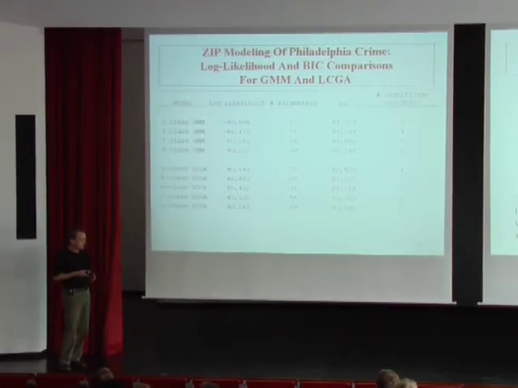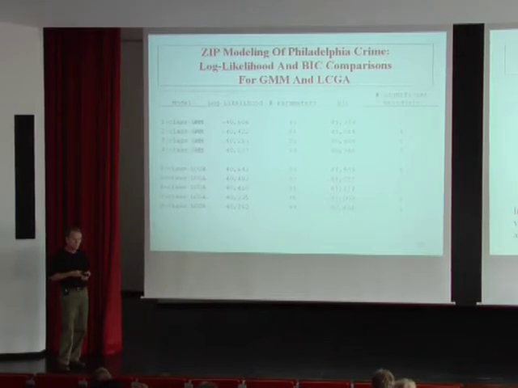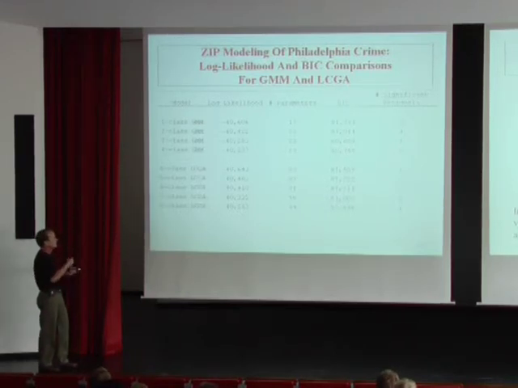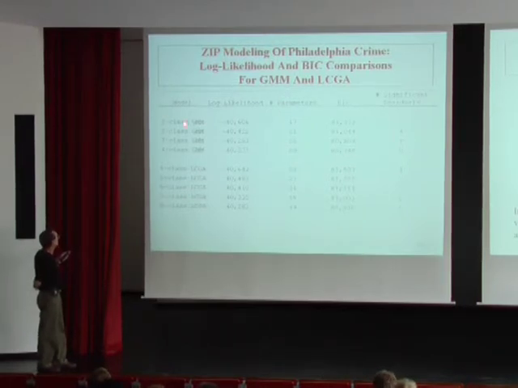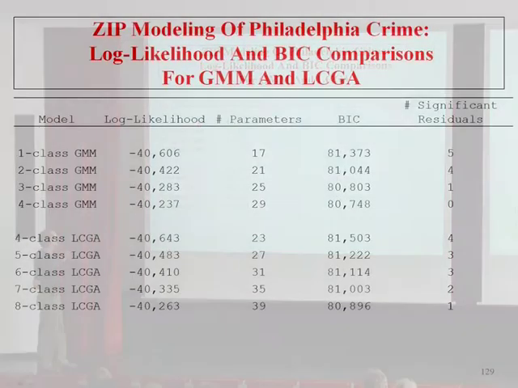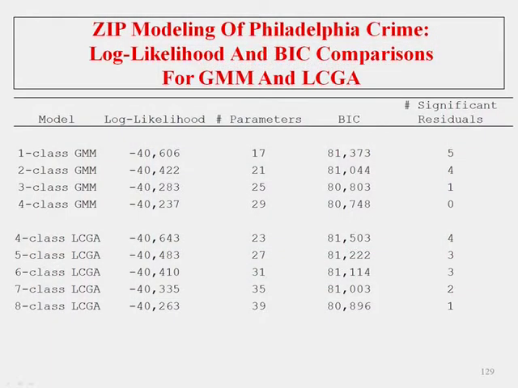Fine, Linda talked about that, but that was for continuous outcomes, and there clearly GMM beats LCGA, but continuous outcomes is not the typical case in criminology. So let's work with this count outcome, which is the typical kind of outcome. So you look at the one-class GMM, which Linda pointed out is a model that is a conventional growth model.